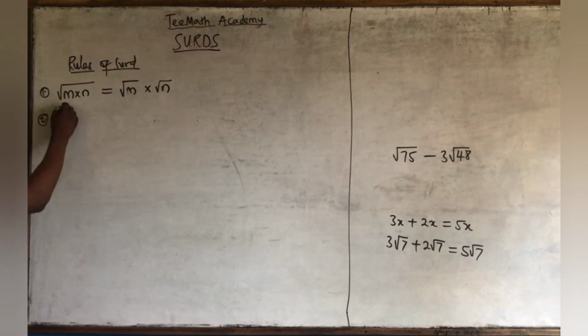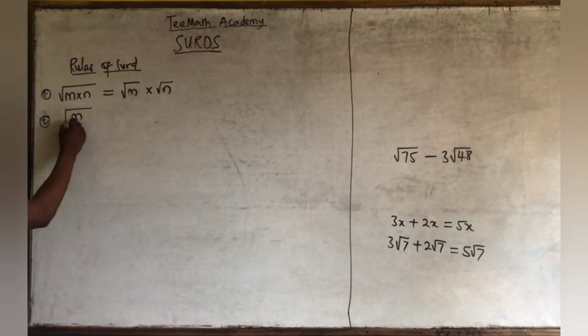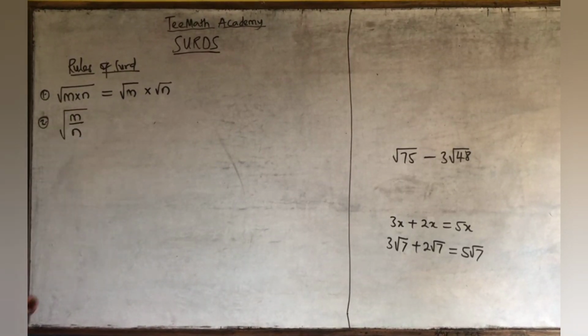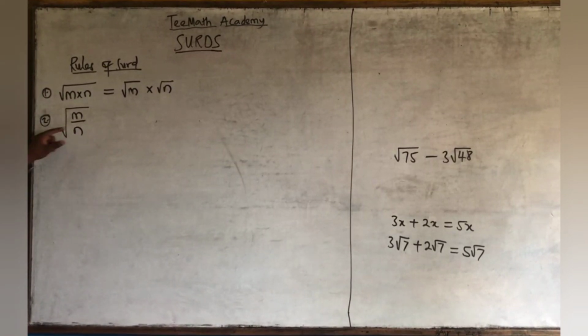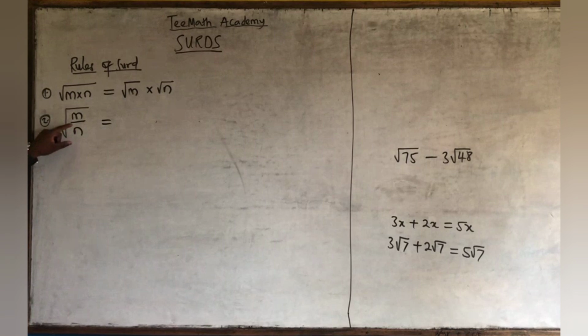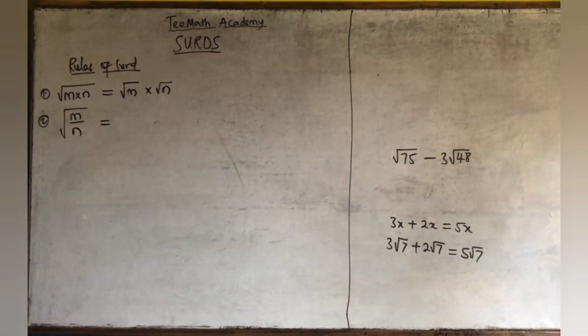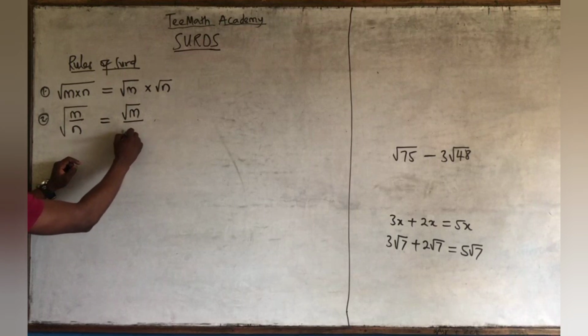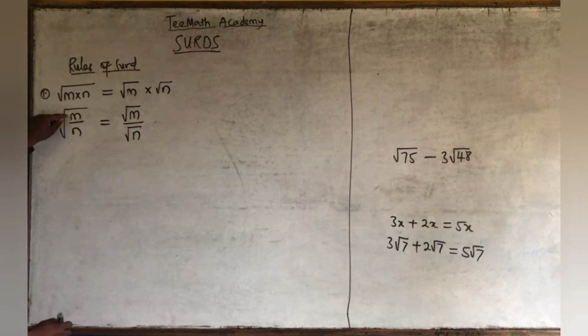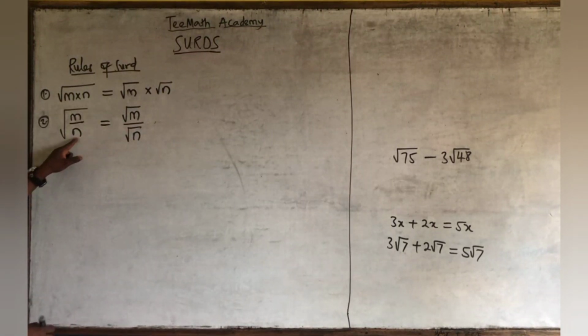Then let's look at law number two. We can have root m divided by n. What do you see here? You still see that this root is covering the two of them, and this is a division sign. It's still allowed that each of them will share the root. That is root m divided by root n. This one has its own root, this one also has its own root.